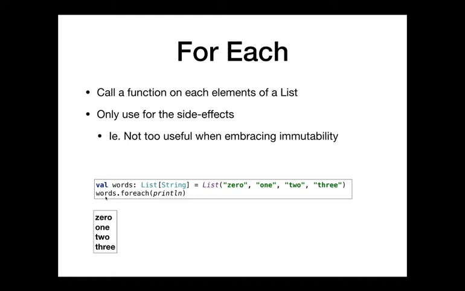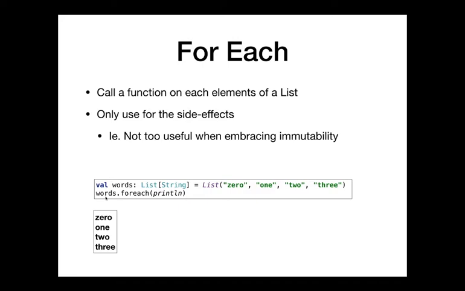Now, arguably, for each is not very useful if we're using a pure functional programming approach. We only call for each when we have side effects that we're concerned with. If we're calling a method with side effects like print line, with the side effect of printing to the screen, great. For each is nice for us, but if we're in a pure functional programming frame of mind where we don't care about side effects, we don't have mutable anything, no state.